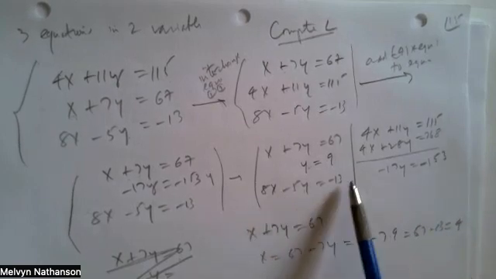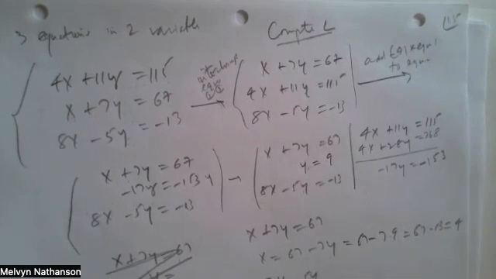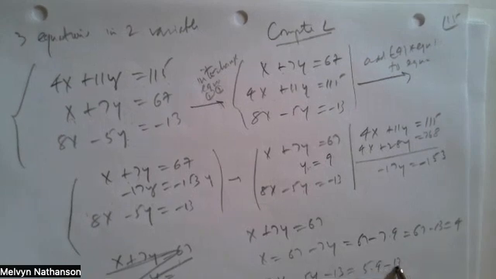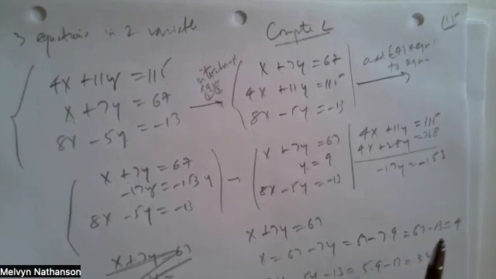Let's see if that's consistent. This equation says 8x equals 5y minus 13, which is 5 times 9 minus 13, which is 45 minus 13, which is 32. So x equals 4.